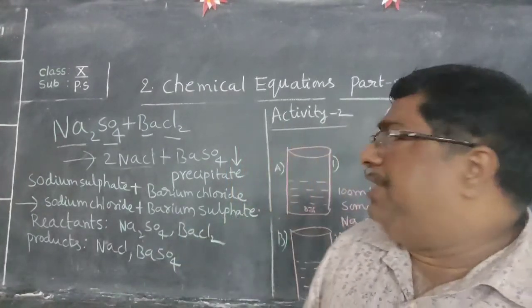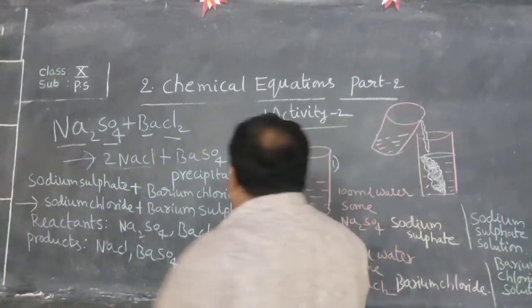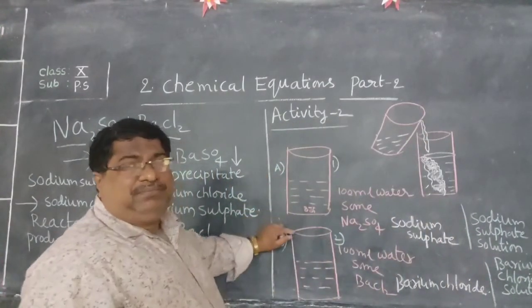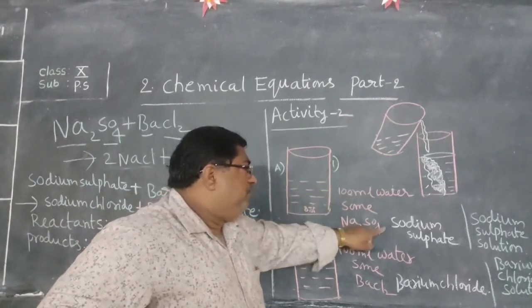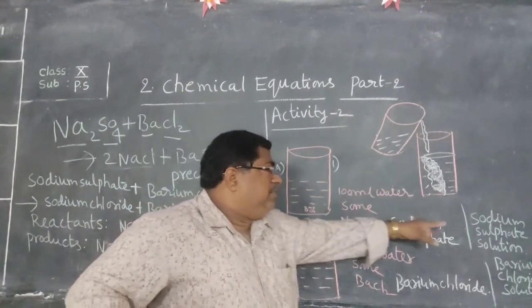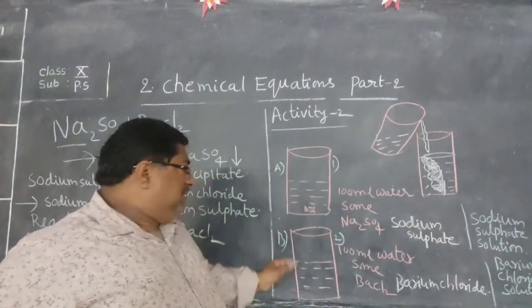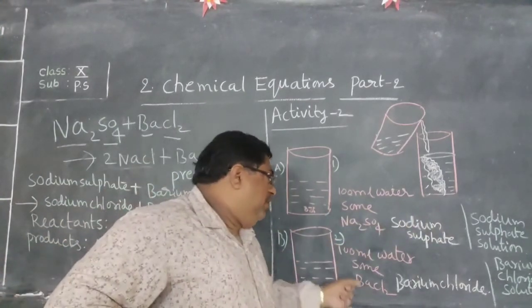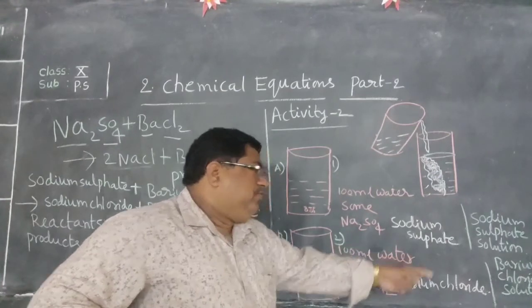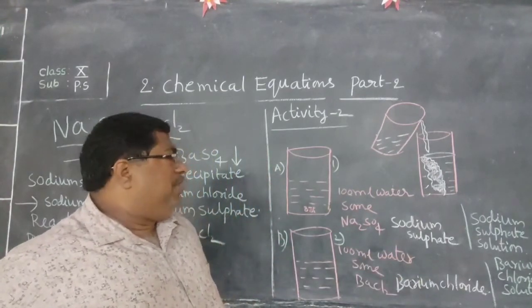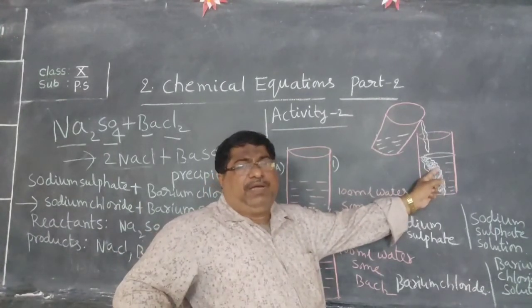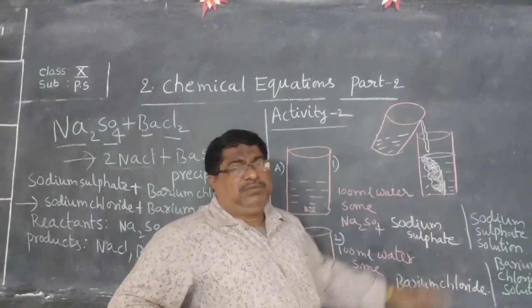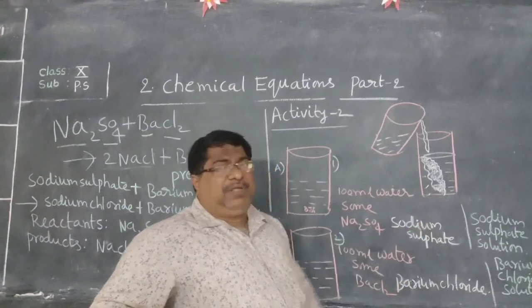Once more, you see here, we take two beakers. In the first beaker, 100 ml of water and some Na2SO4 is taken, so sodium sulfate solution is formed. In the second beaker, 100 ml of water and some barium chloride is added, so barium chloride solution is formed. If you mix these two solutions, a white colored precipitate is formed, called barium sulfate.